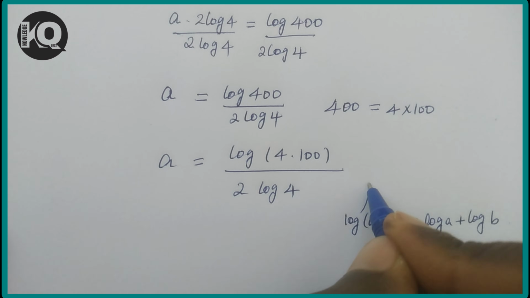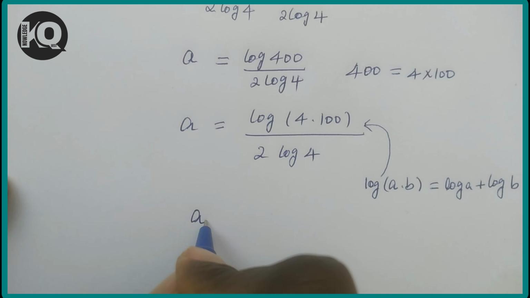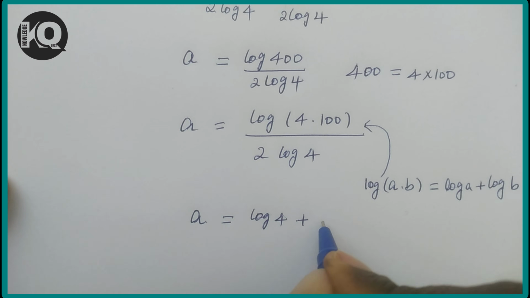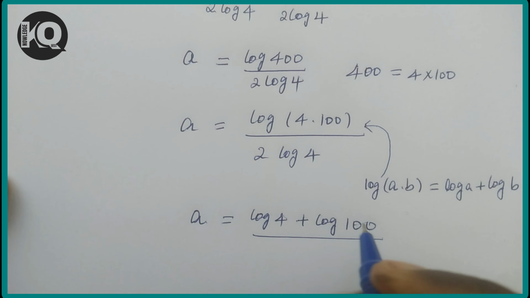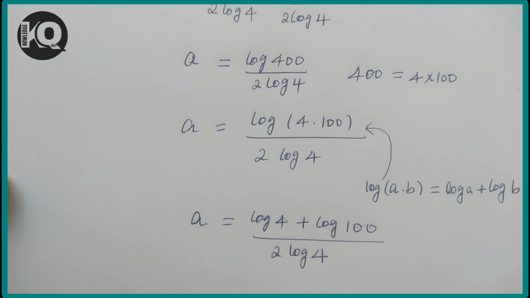So applying this rule to the numerator, a is equal to log of 4 plus log of 100 divided by 2 times log of 4.